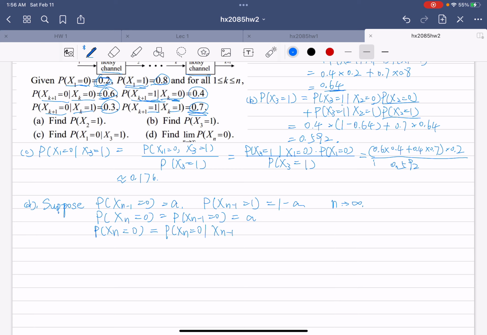There are also two conditions. The first one is xn minus 1 equals 0. The second one is xn minus 1 equals 1.